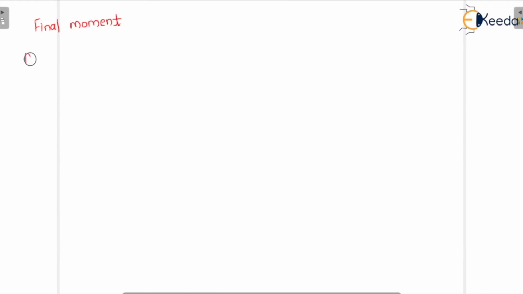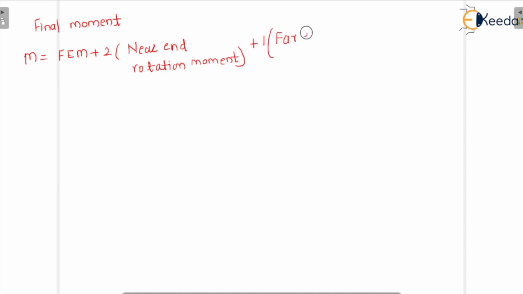So the final moment is M equal to fixed end moment plus 2 into near end rotation moment plus 1 into far end rotation moment.